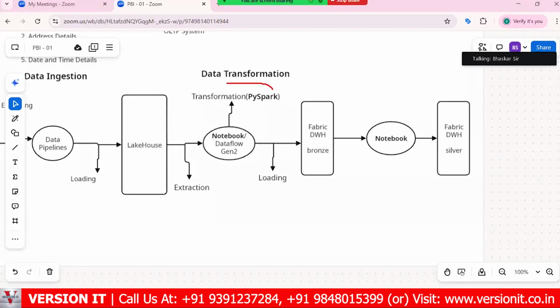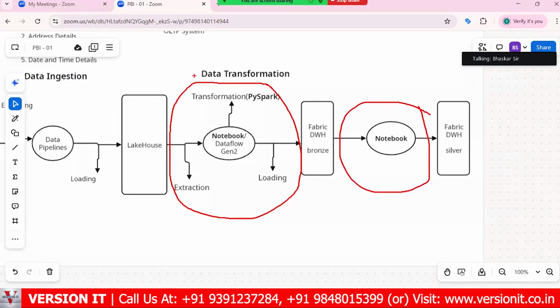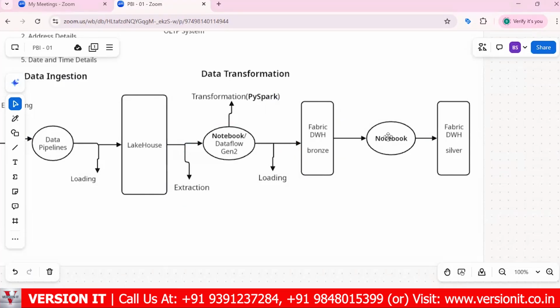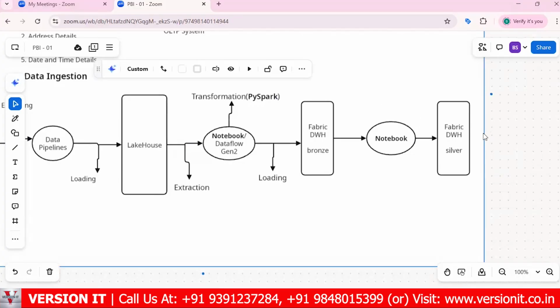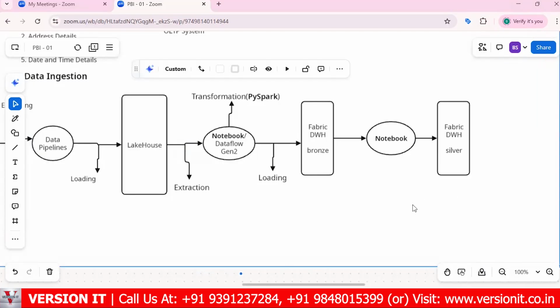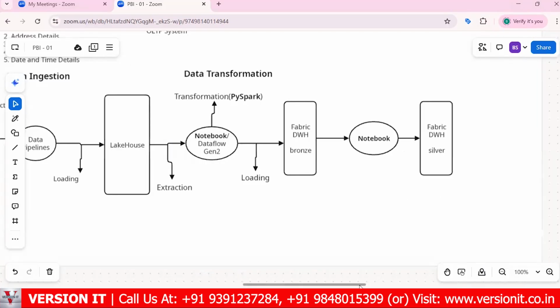Whatever is there here, the same thing is going to be repeated in all the layers under data transformation. While moving data from bronze to silver, we are going to apply data cleansing operations. What data cleansing operations mean and how to do them, we will come across in our regular sessions.